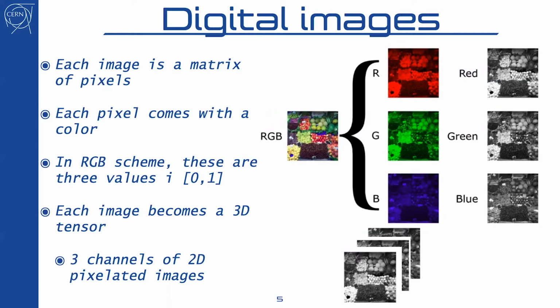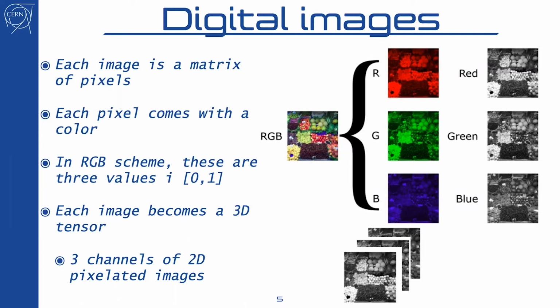And this is pretty easy these days because typically you have them already in electronic format. This electronic format means that you have a matrix of pixels, and for each pixel you have an RGB code that tells you the composition of the colors for that pixel.